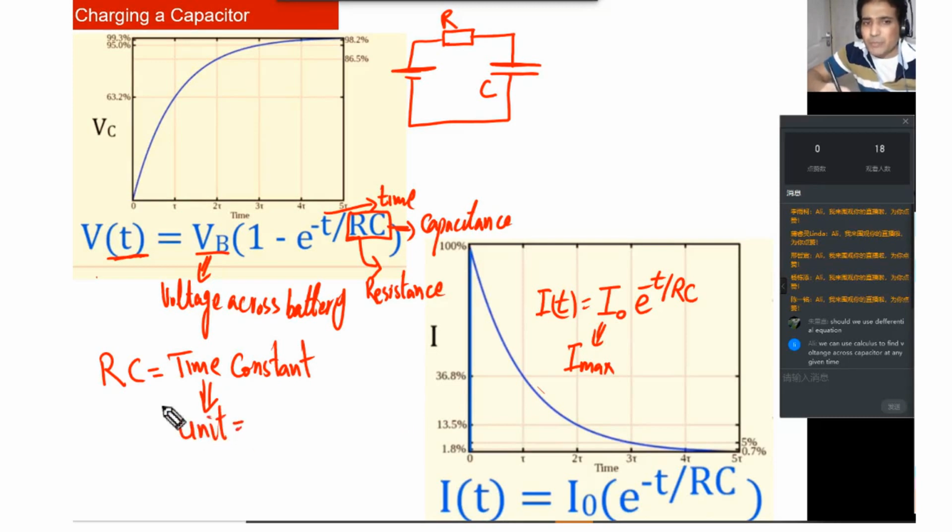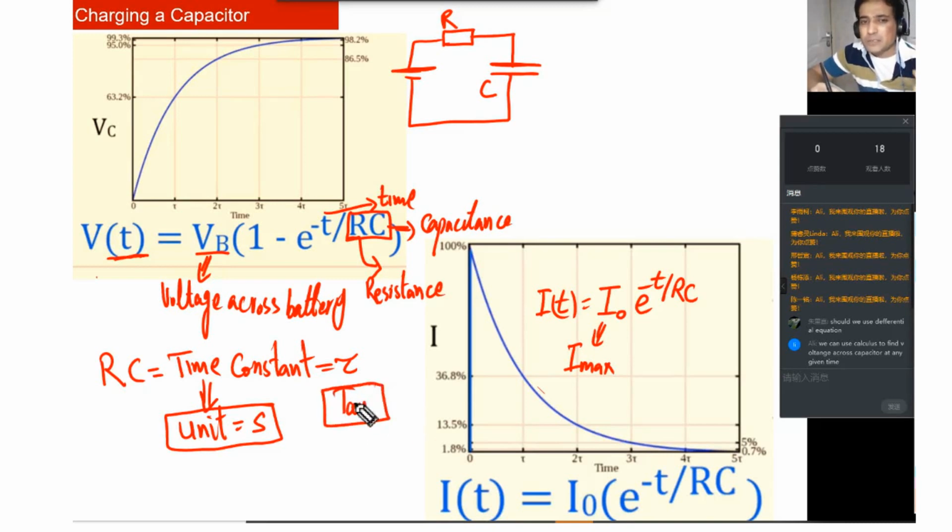You can try by yourself with resistance and capacitance. Because it is a time, the unit we will get is second. So the unit of the product RC, called the time constant, is second. And often we use for this the letter tau, used for the time constant.